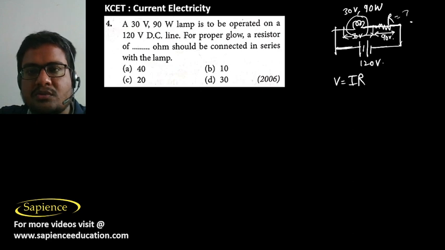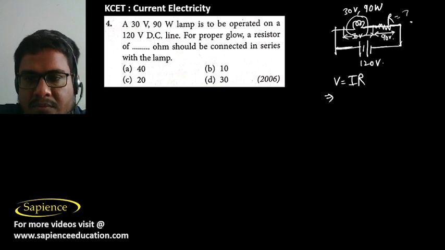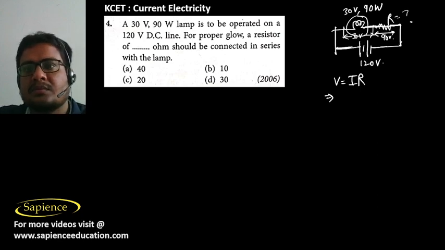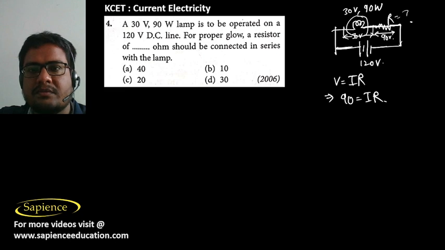So how much current should flow through the resistor? So 90 volt should be equal to I into R. So we have to find the current first, then we can find the resistance.